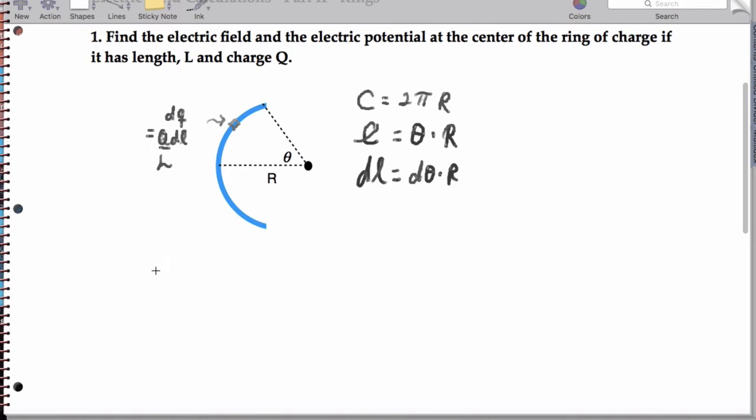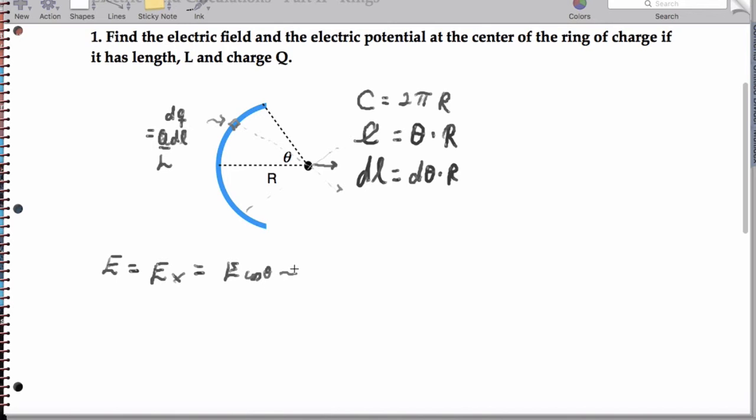With that in mind, we're going to set up our electric field. The other thing we want to note is that there is a symmetry to this problem, so that the electric field points along the radial direction, and it turns out that only the x component matters. So the electric field that we actually care about at the center of the circle is the x component, which is going to be E cosine theta.